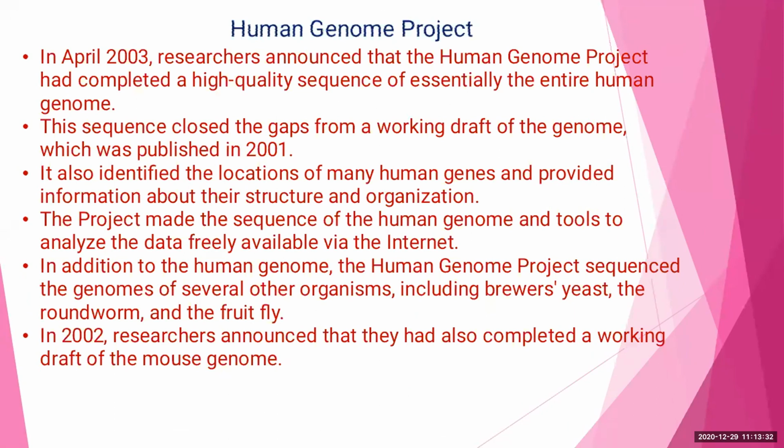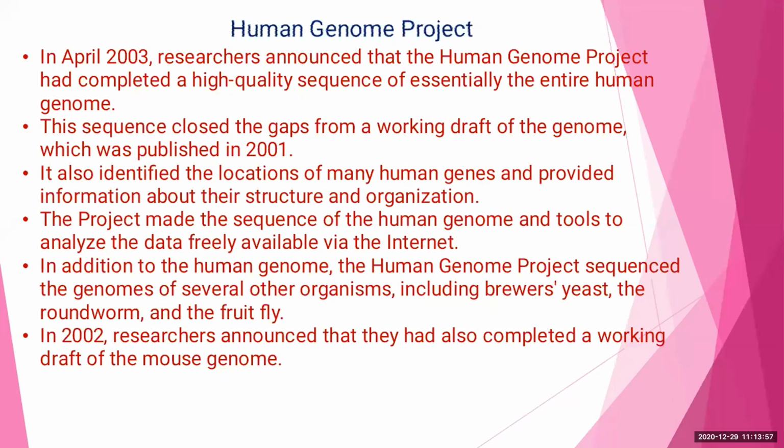They collectively announced the discovery of the complete DNA sequence of the human genome. Depending upon the findings of this project, scientists confirmed that the number of genes in the human genome is about 20,000 to 30,000. How many genes are present in the human genome? 20,000 to 30,000 different types of genes are present.